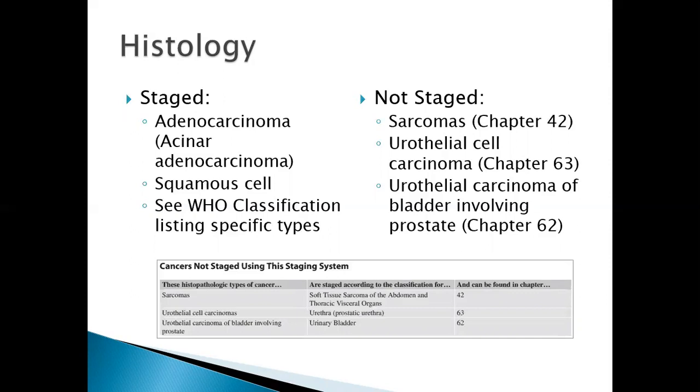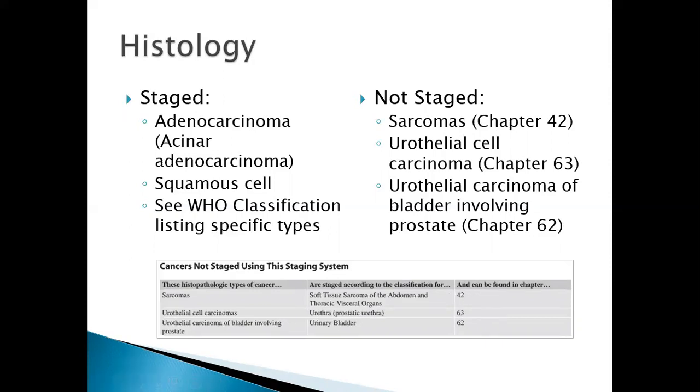So for the prostate, I have a little snippet here of that portion of the first page of the chapter. For this chapter, we do not use it for sarcomas. If we had a sarcoma, we would have to go to chapter 42, and it tells us exactly that.